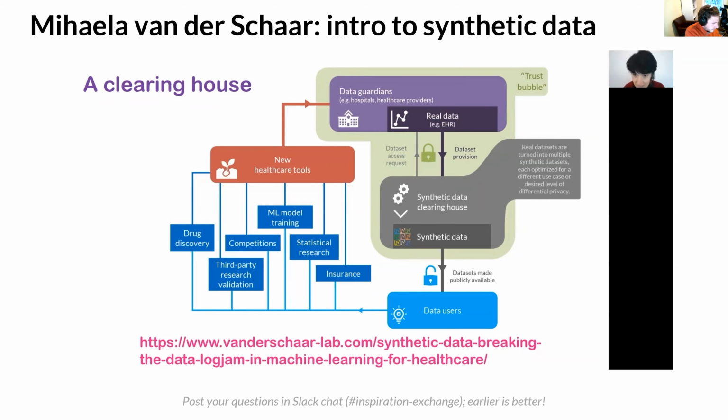Then these synthetic data sets with privacy guarantees can be provided to a variety of data users for drug discovery, running machine learning competitions, training machine learning models, doing statistical and epidemiological research, determining insurance methods, etc., etc.